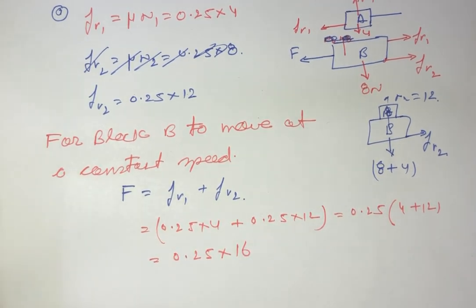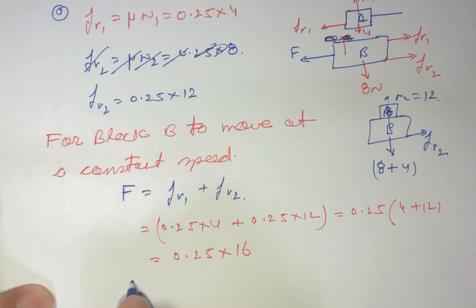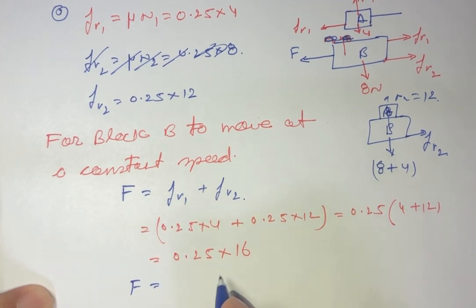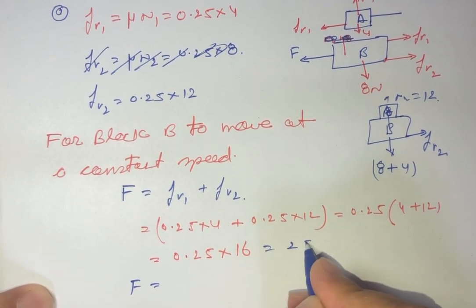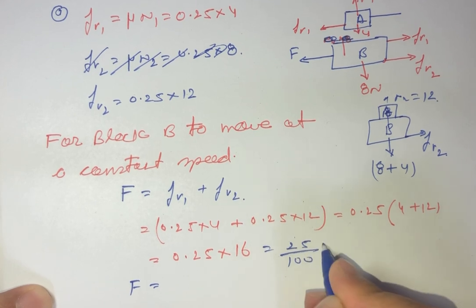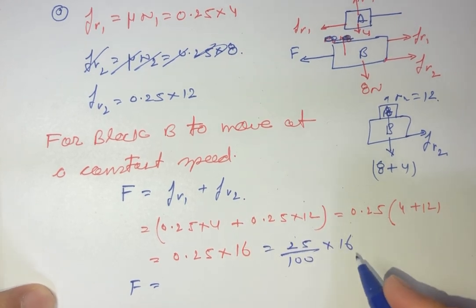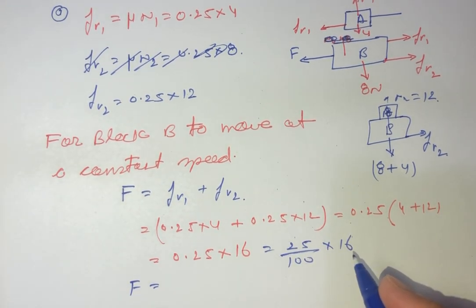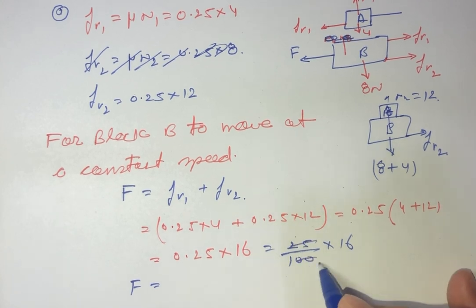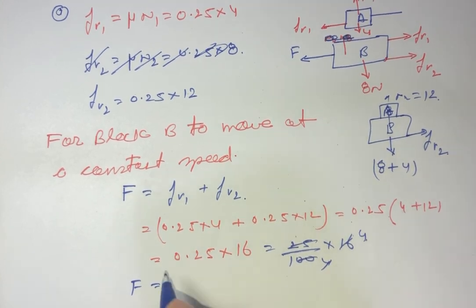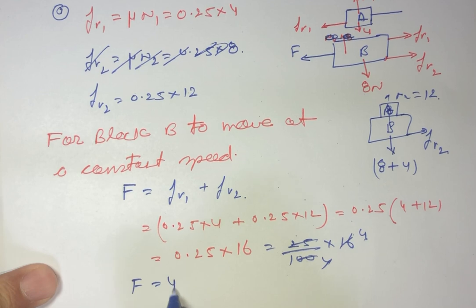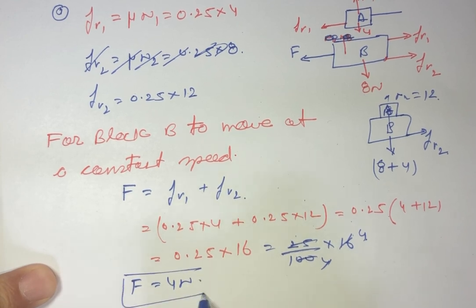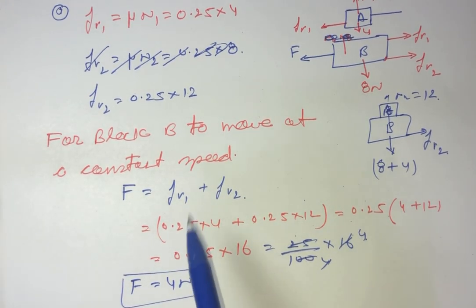Okay. So we can say that F will be coming as, solve it, 25 divided by 100 into 16. So this will be 4 and this will be 4. So applied force F should be equal to 4 Newton. This will be for A.